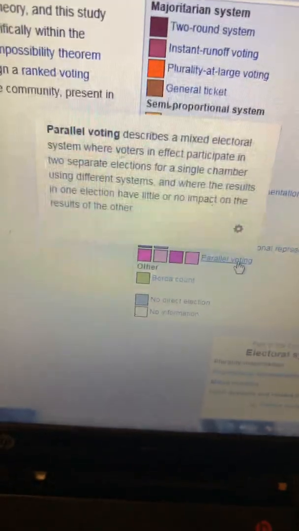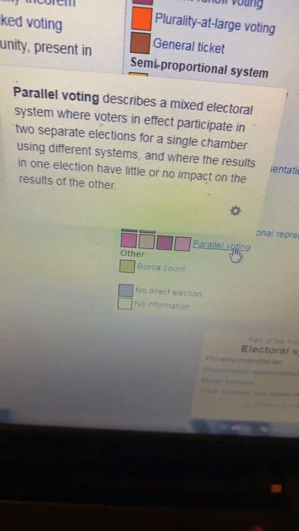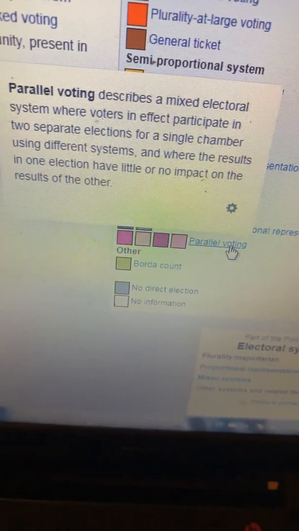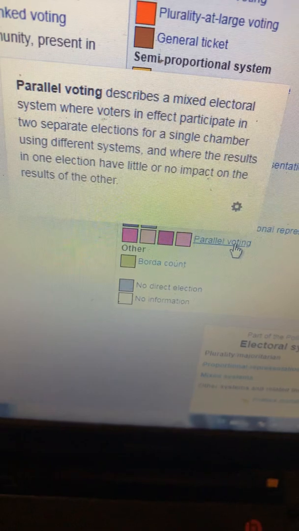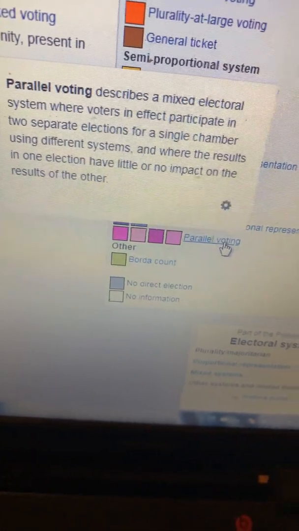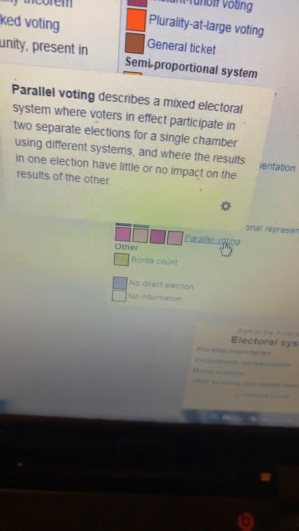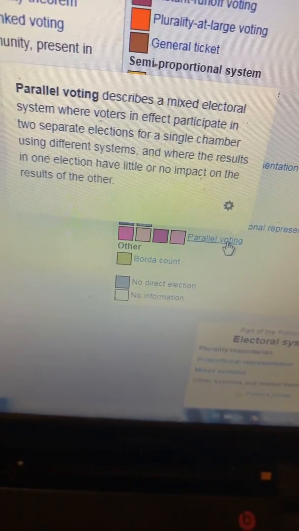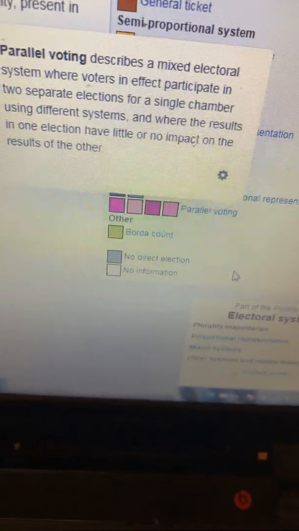Parallel voting describes a mixed electoral system where voters in effect participate in two separate elections for a single chamber using different systems, and where the results in one election have little or no impact on the results of the other.